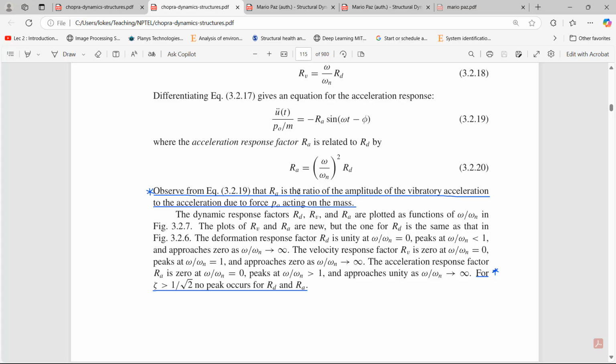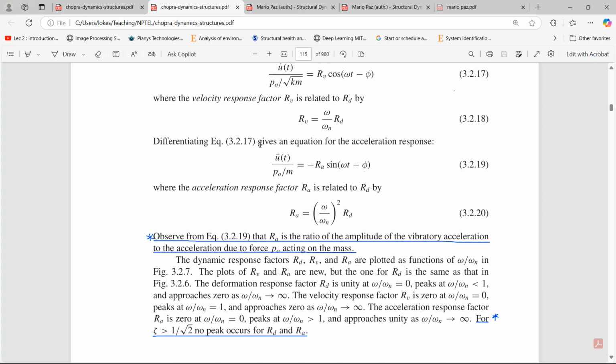So Ra is equal to omega by omega n the whole square times Rd, and the acceleration amplitude is equal to P naught by m times Ra. Omega by omega n is just 1. And we have m e omega square, which is just P naught. M is the mass of this roof.